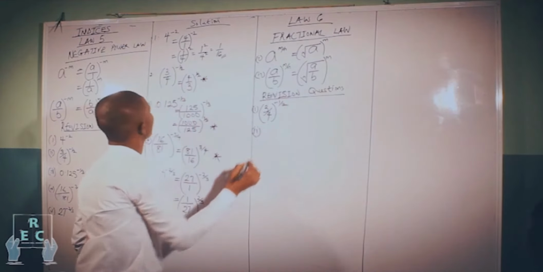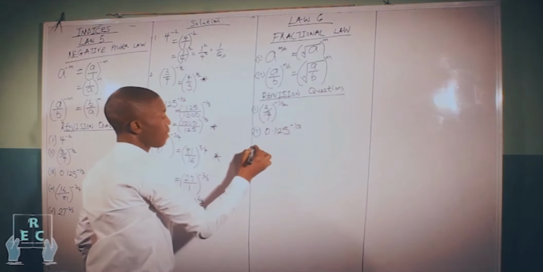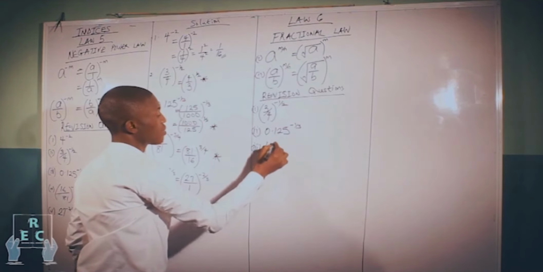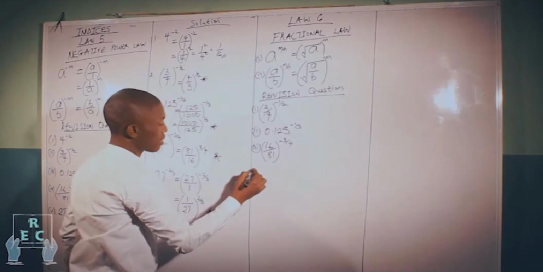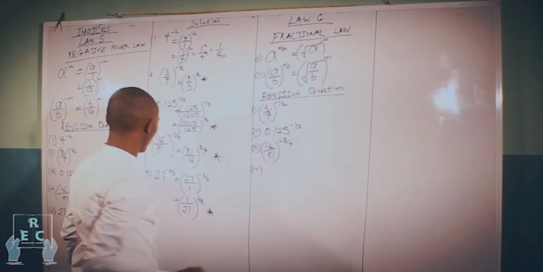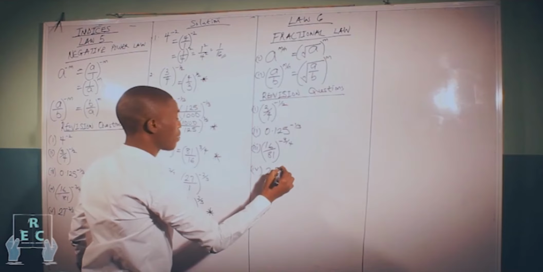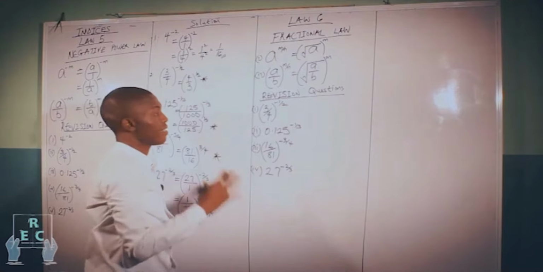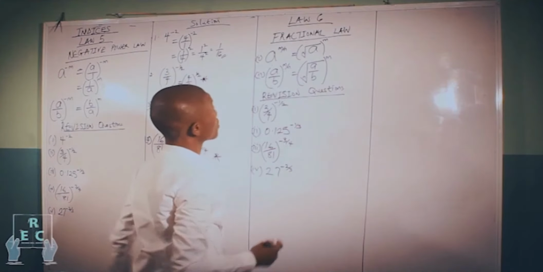Then we have 0.125, then we have 16 over 81 raised to the power of minus 3 over 4, then the fourth one, which is 27 raised to the power of minus 2 over 3. Let's take this for now, subsequent questions will be given to you. Let's see the solutions.